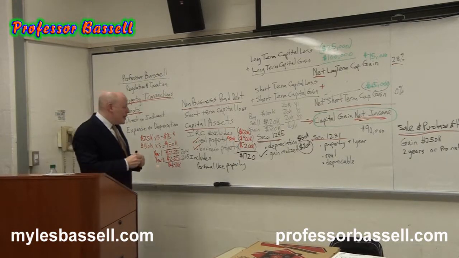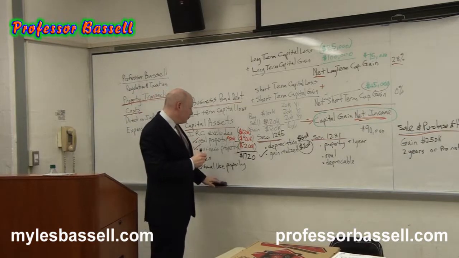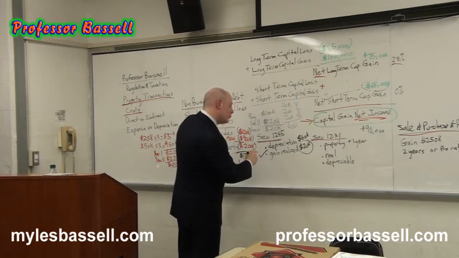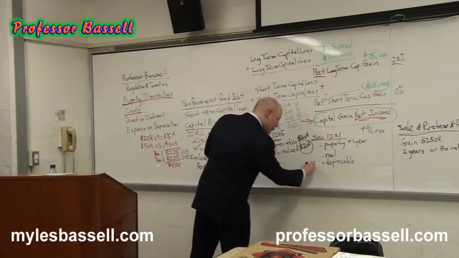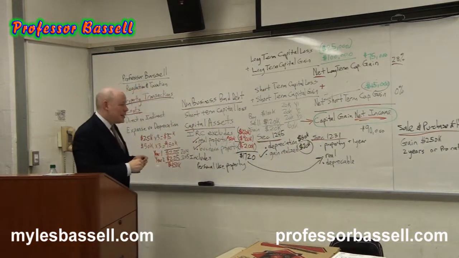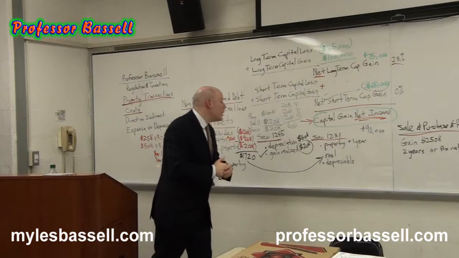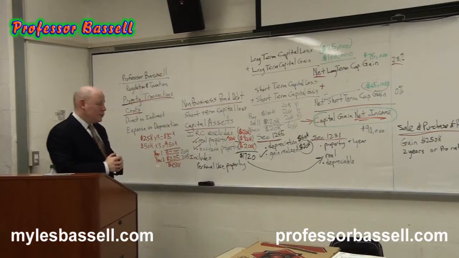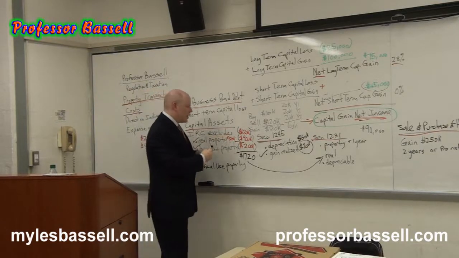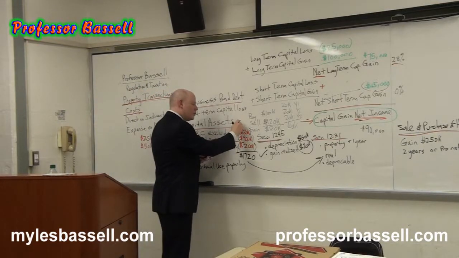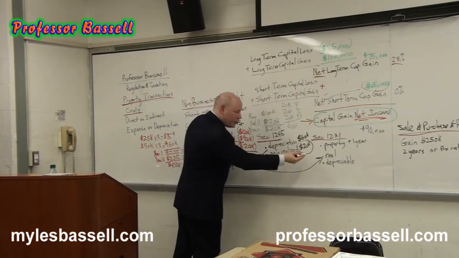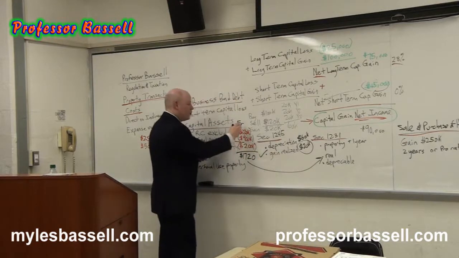So this 1720 we would classify as section 1231 property. In this case, the property could be the furniture. Is it real or depreciable? Yes, so that's the furniture.